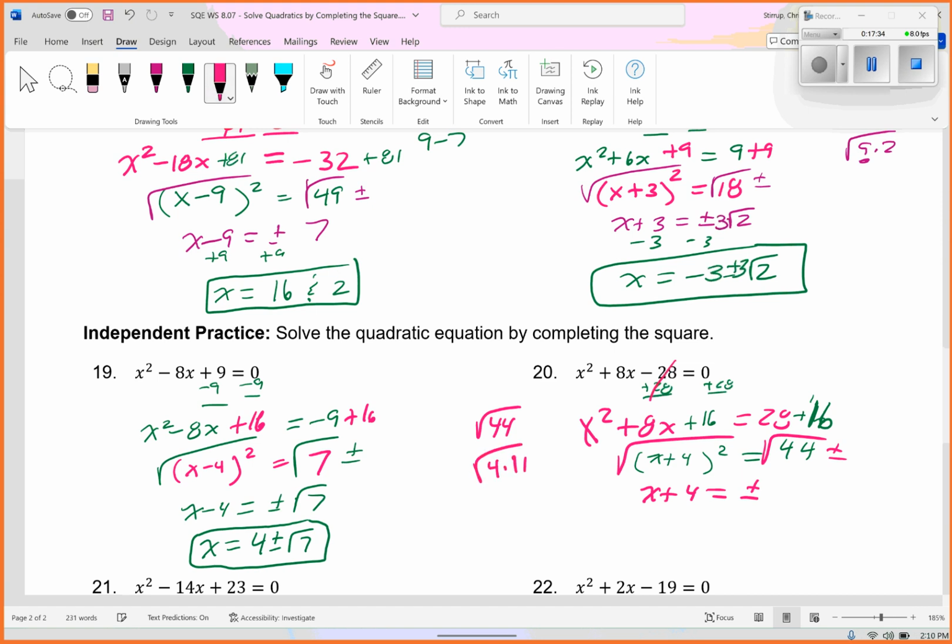What's the square root of 4? So that becomes 2 root 11. Agree? Last step. Subtract 4. Good. So there it is.